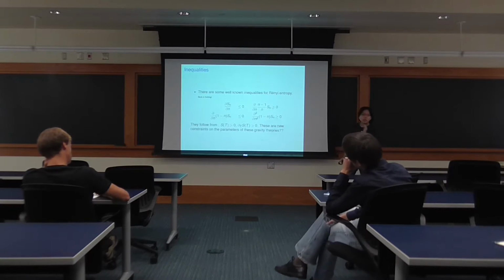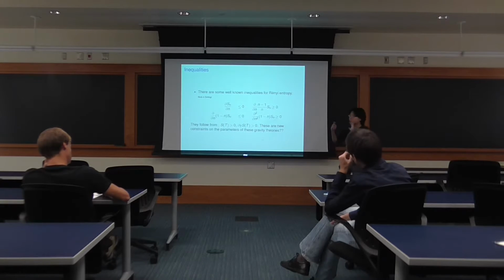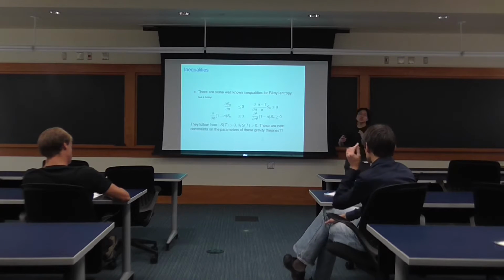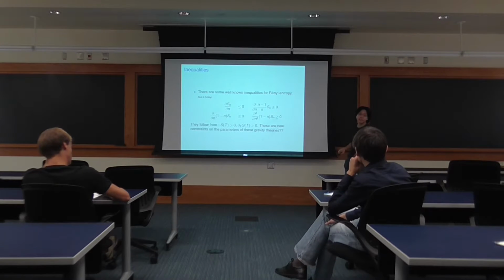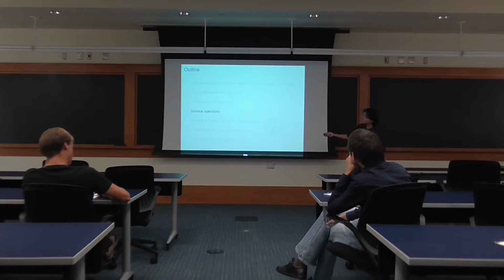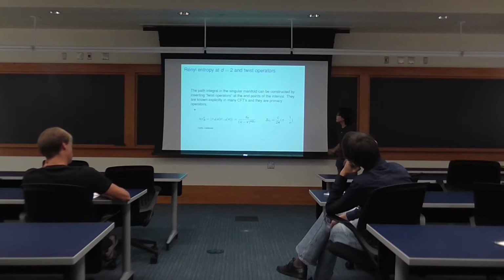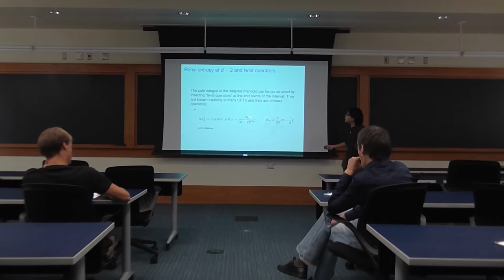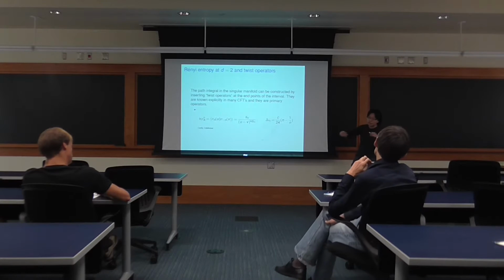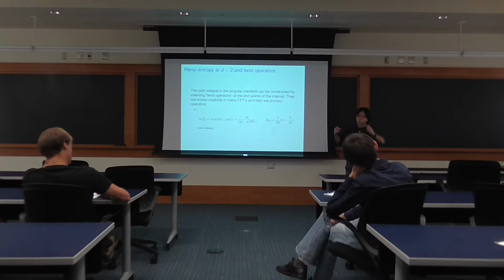But so far we have been dealing with spherical regions, regions bounded by spherical surfaces. So it would be nice if we could infer something that is good for other regions from this picture. And for that we have to introduce the notion of surface operators. In the case of d equals 1 plus 1 dimensions, it is well known that the path integral we are dealing with has non-trivial boundary conditions around the entangling points.